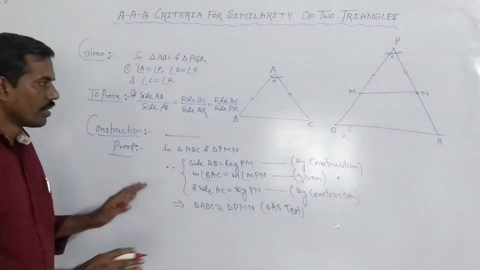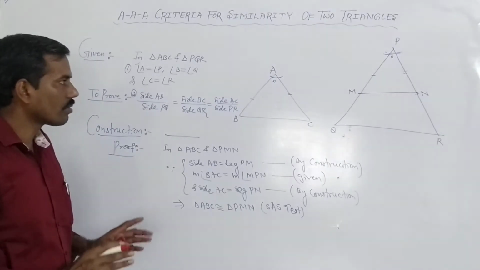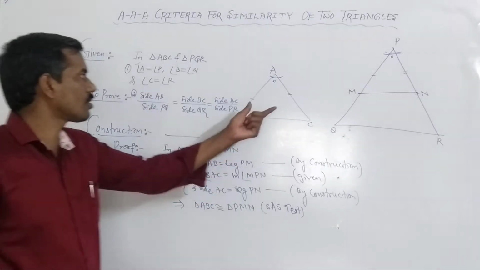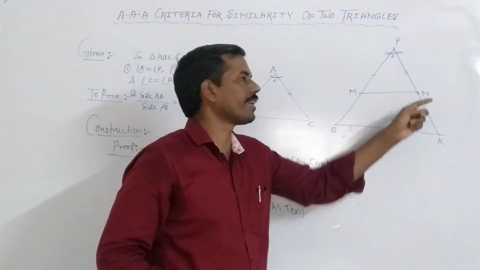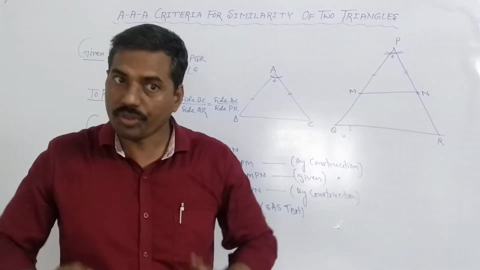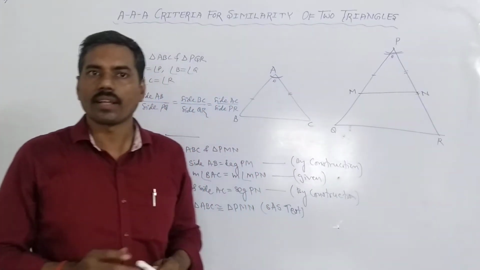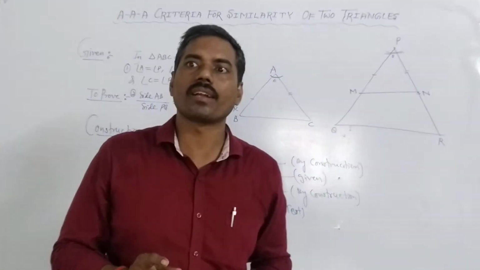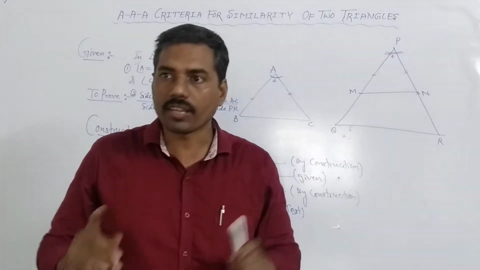Okay, clear, students? Now at this stage these two triangles, triangle ABC and triangle PMN, are congruent, and we know that if two triangles are congruent, then their corresponding angles are congruent, that is, corresponding angles are equal.